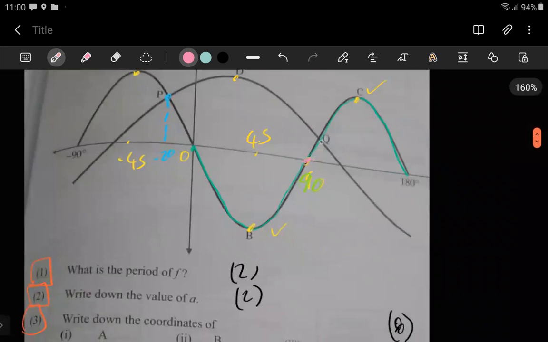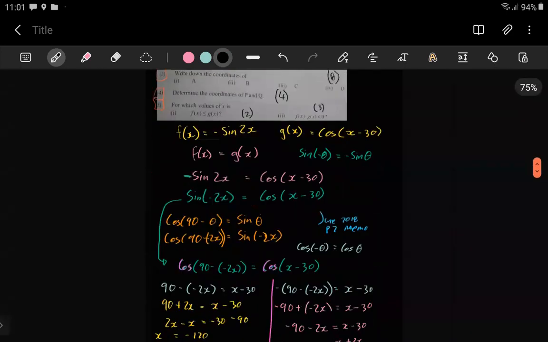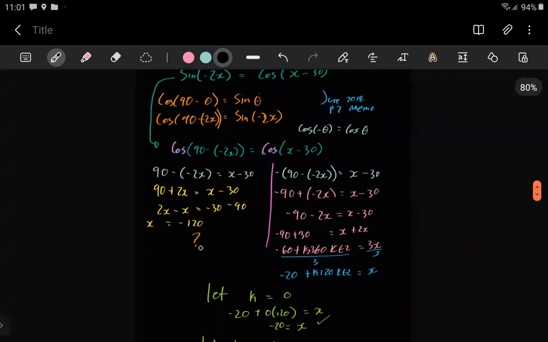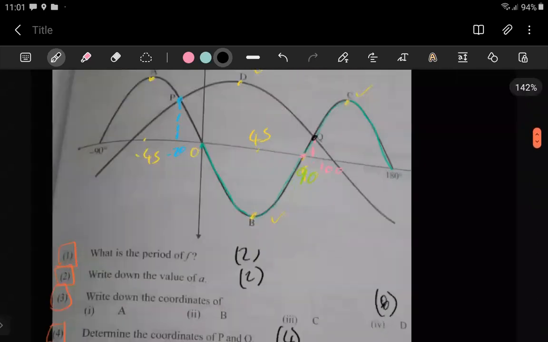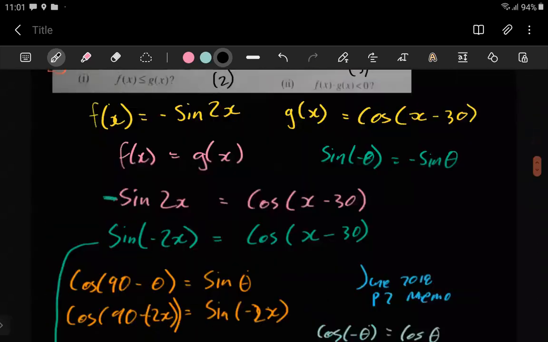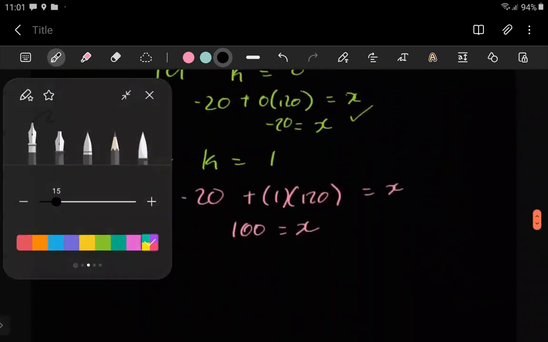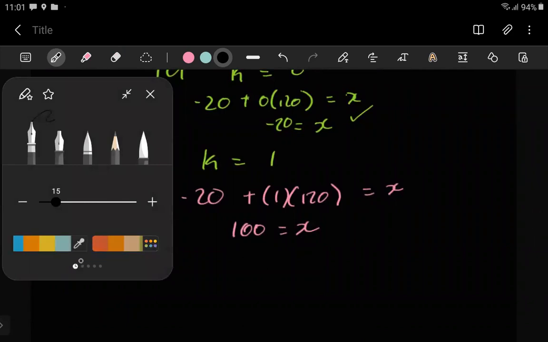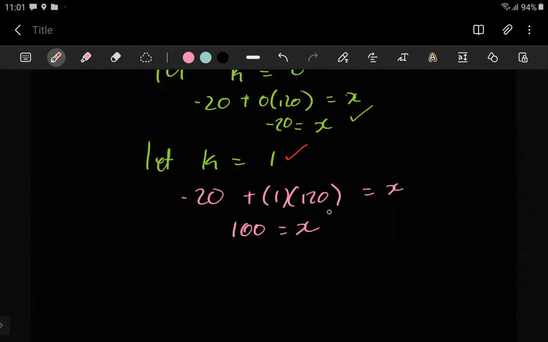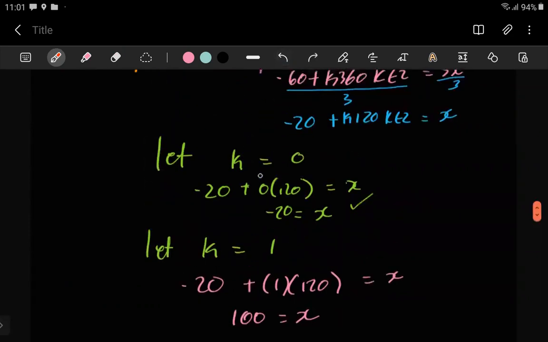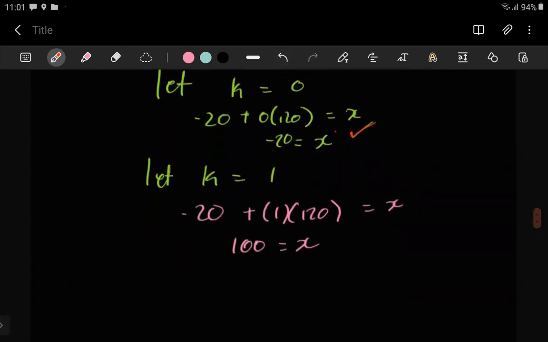Because if this is 90, it's not too far-fetched to say that that is definitely 100. So you can see, even though the left side did not give us something valid, because we are only restricted to negative 90 to 180, the right side has given us everything else we need, which is the negative 20 and the positive 100.